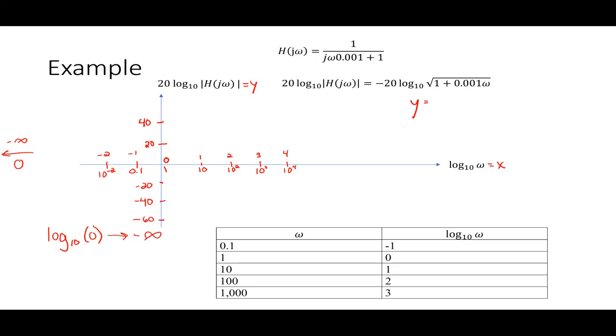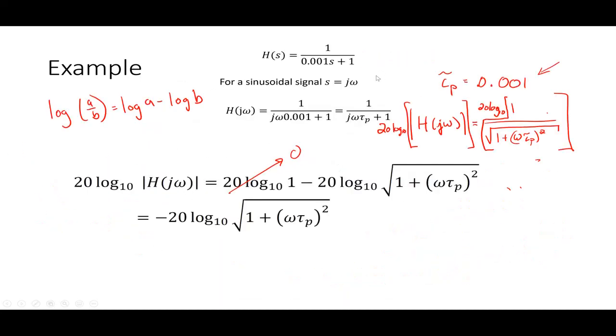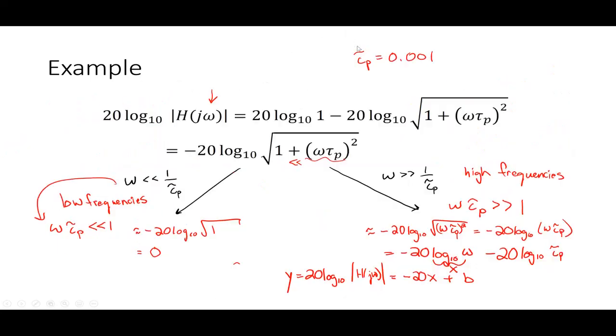Now I want to use my approximations for this original transfer function. For low frequencies, 20 log of the magnitude, which is my y, is equal to 0. So the question is, what are low frequencies?